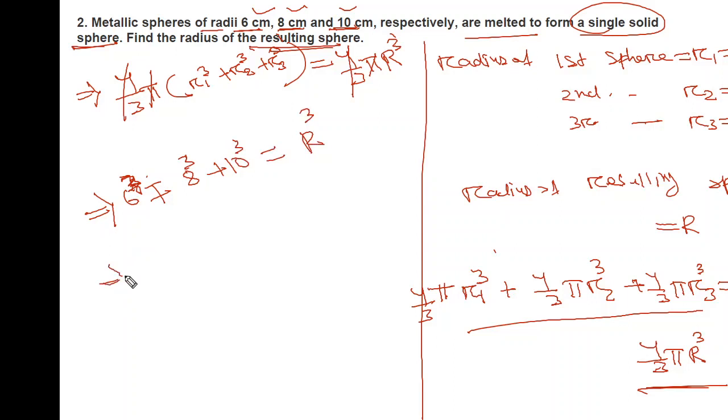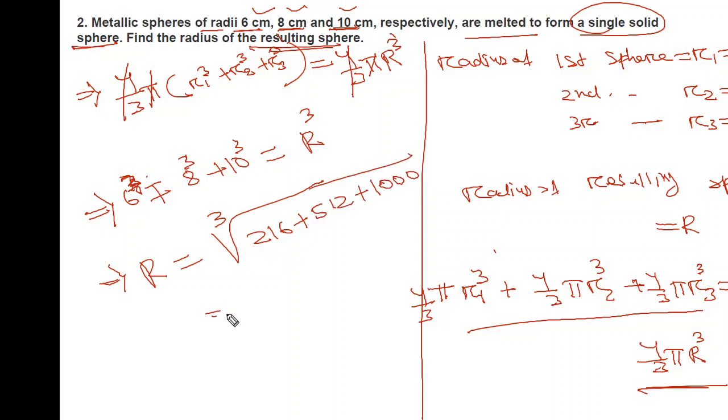Now implies R will be equal to the cube root. The cube root of 6 cube, which is 216, plus 8 cube, which is 512, plus 10 cube, which is 1000. So which will be equal to the cube root of, now you add all of them, it will be 1728, then it will be equal to 12.